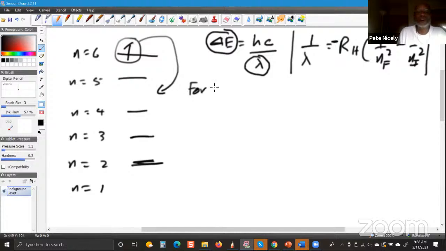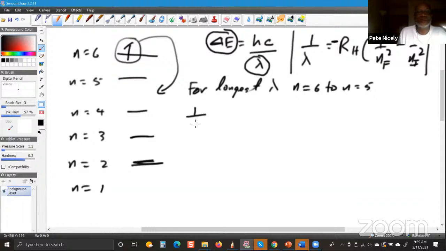So for the longest wavelength, we have to look at the shortest energy gap starting with n equals 6. So the transition will be from n equals 6 to n equals 5, right? So what that means is that n final would be n equals 5 and n initial would be n equals 6, right? So we plug those numbers into this equation.